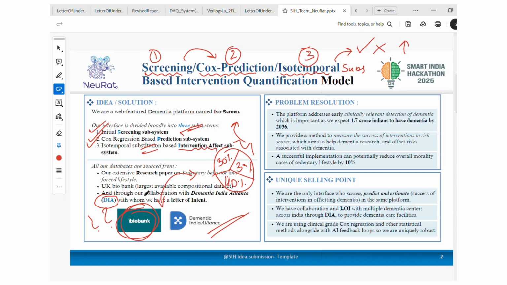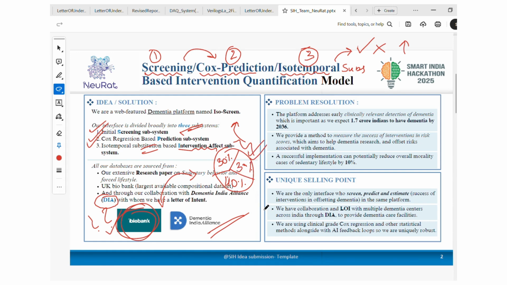The covariates aren't sufficient enough to actually cause any imbalance between different cohorts and different people in different regions. So we are more than valid to take the data from the UK Biobank. It's also very large, it's very authentic, and we get the best compositional data which we need.